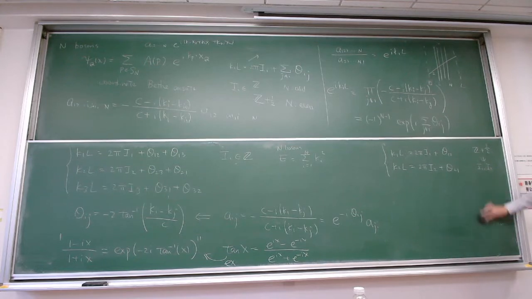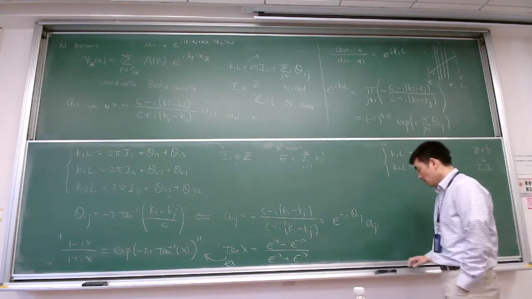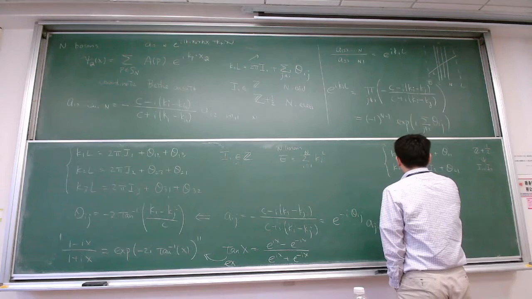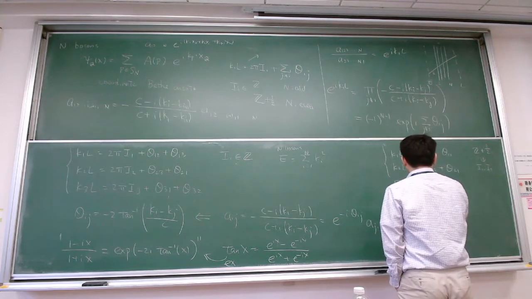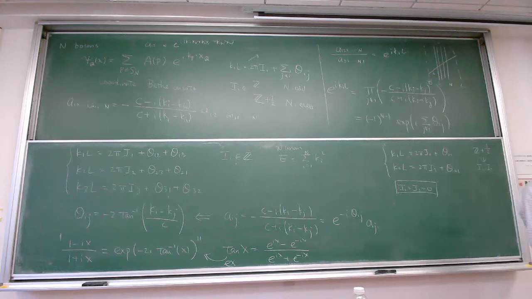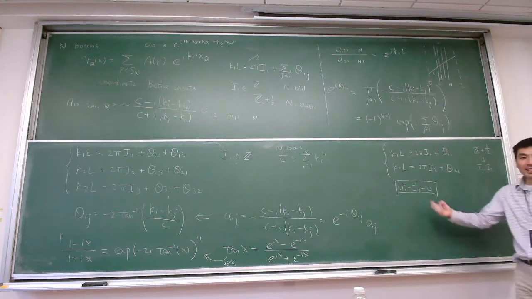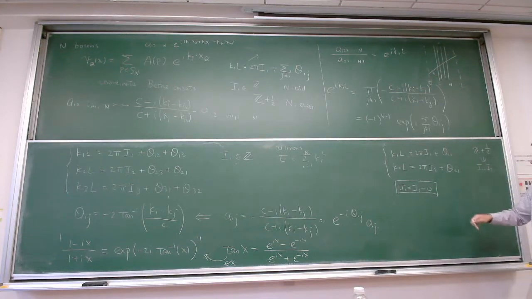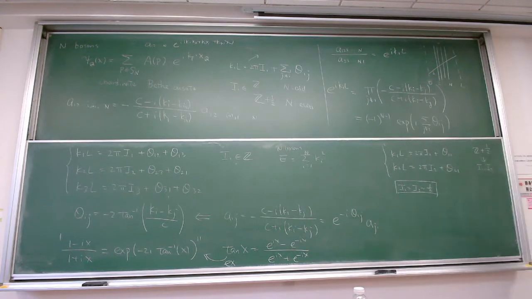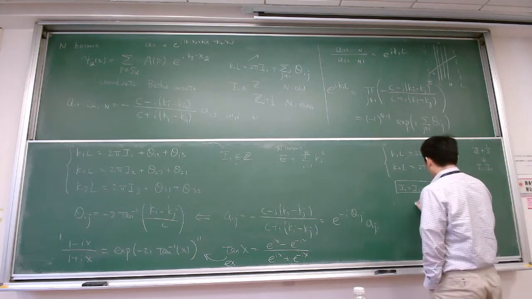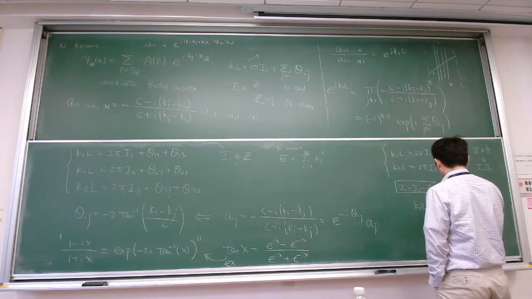So let's try to write down. If I1 is equal to I2 is equal to 0, physicists can guess, this has to be a half integer. So let's solve this one. Then K1 L is equal to pi.